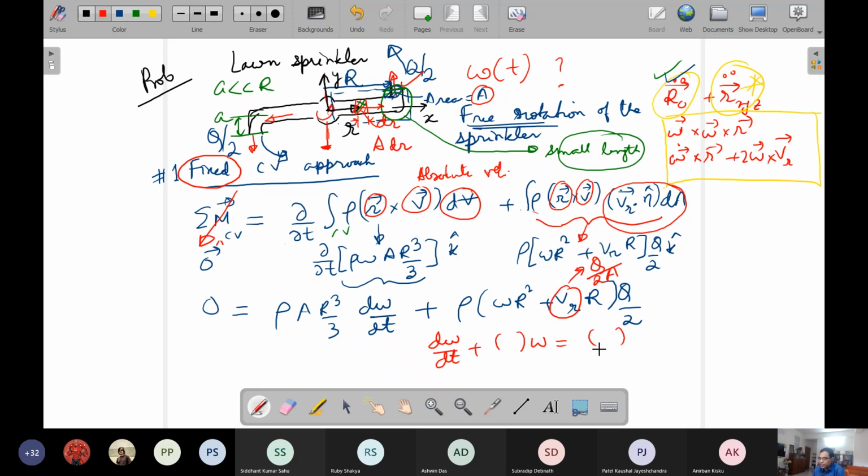You can integrate it with an integrating factor, so let us call this P and Q. The integrating factor is e to the power integral P dt, to obtain omega as a function of time.